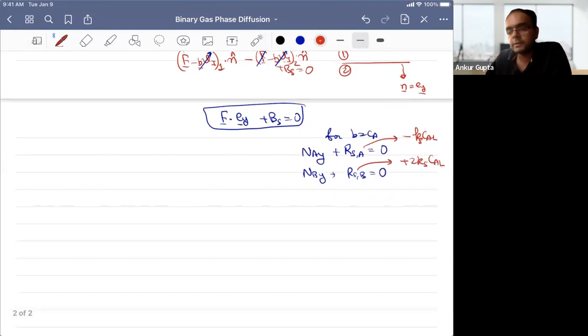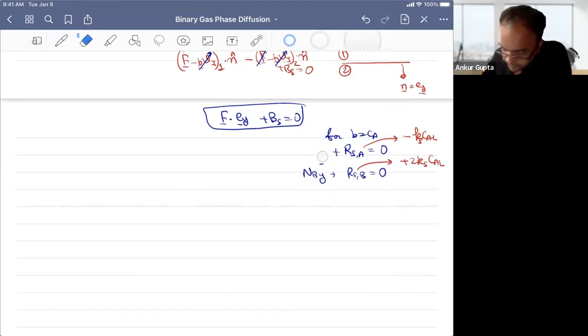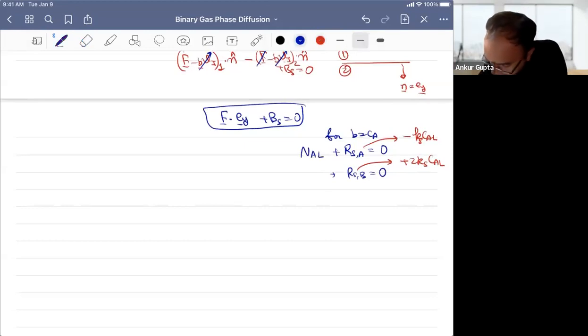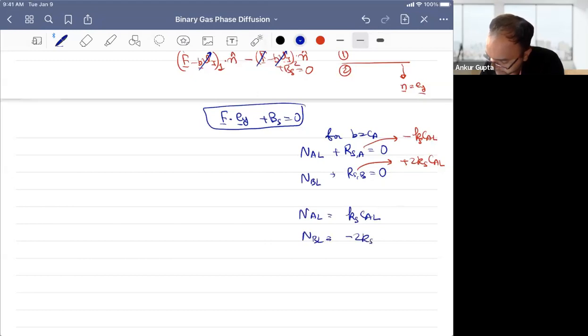And one thing some of you might be wondering, let's just make sure it's clear, this is actually the flux at the surface, and I'll come back to that in a second. But what I'm saying is flux at the surface essentially becomes k_s C_AL for A, and flux at the surface becomes minus 2k_s C_AL for B.